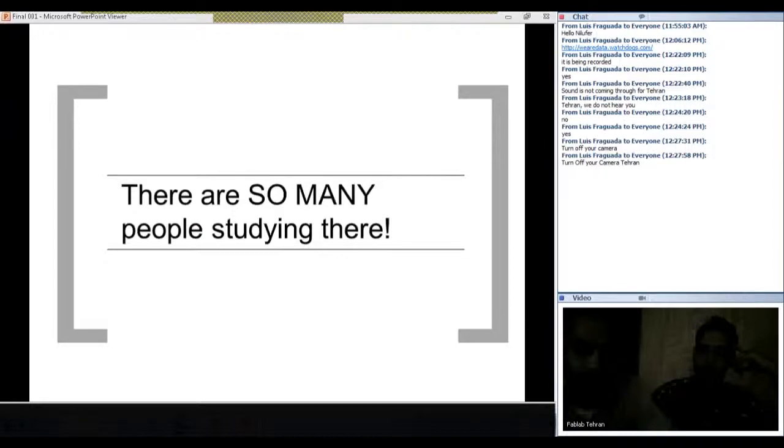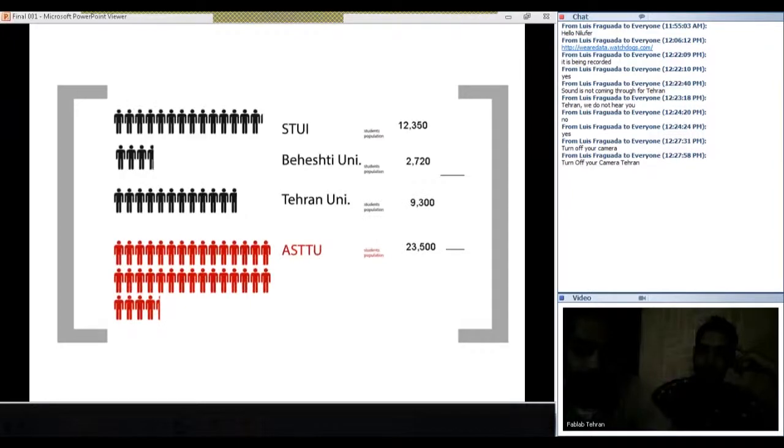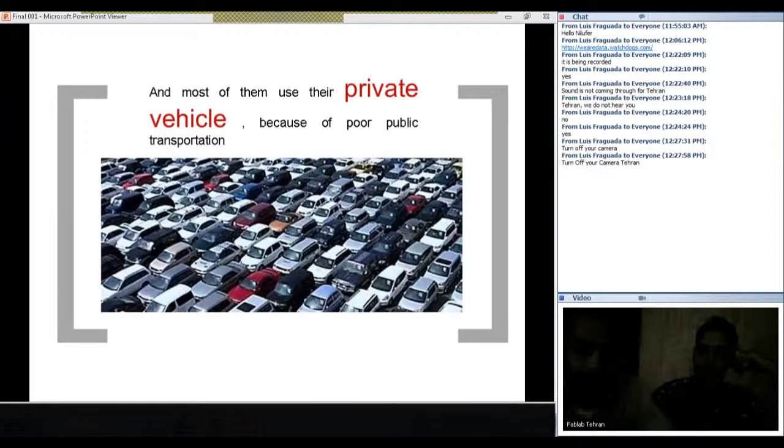In the other slide diagram, we can have a comparison between the students of our university and other universities in Tehran. There are some side effects of this.